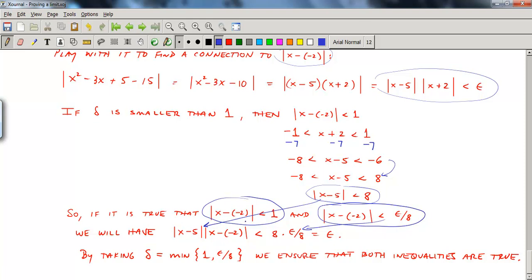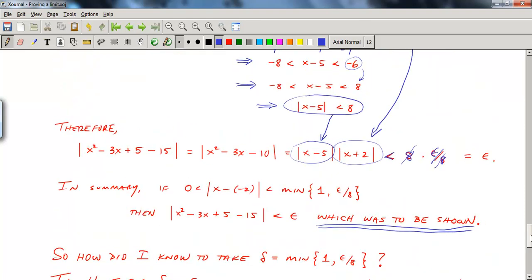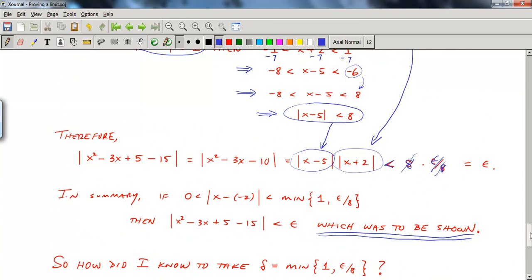So to ensure that both of those inequalities hold, I just simply force delta to be the smaller of those two quantities, and that will force both of those conditions to simultaneously hold. So by taking delta to be the minimum, meaning the smaller of 1 and epsilon over 8, we ensure that both inequalities are true, and then our proof above is established.